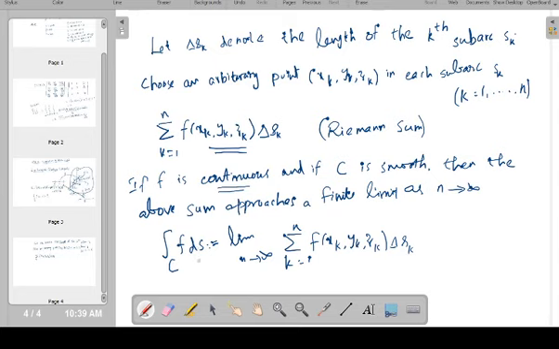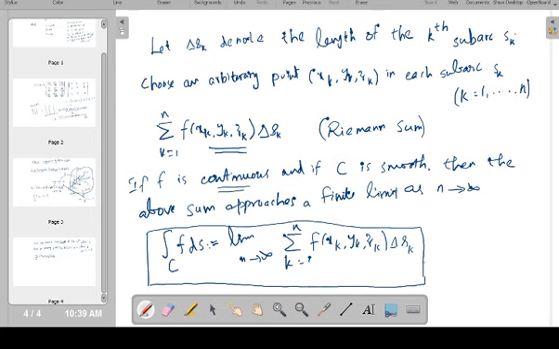Okay, so this is the definition. Remember, this definition doesn't help you to evaluate the integral over C of f ds, because you can have different partitions of the curve C, and you can have different sums like this.